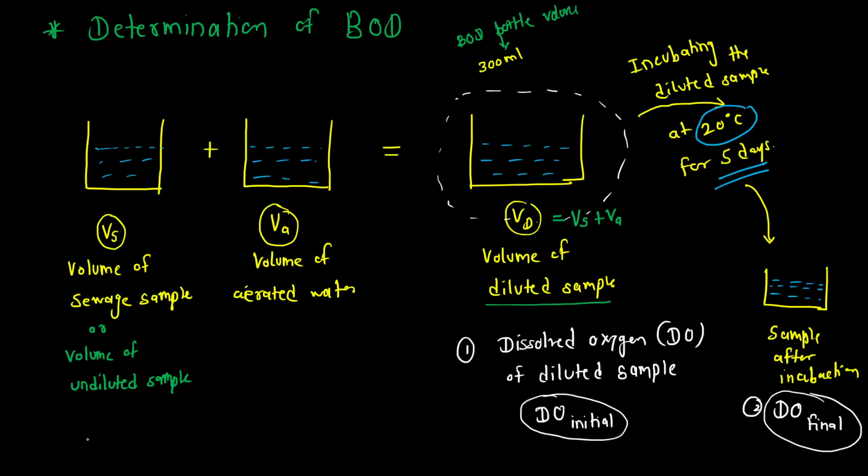So one extra formula I will just write down. This is the formula for calculating the DO initial, because there will be certain DO of the initial undiluted sample, and we will call it DO of sample. The DO of the aerated water, let's say this is called DO of aerated water. So if we know both of these DO, how to calculate the DO initial?